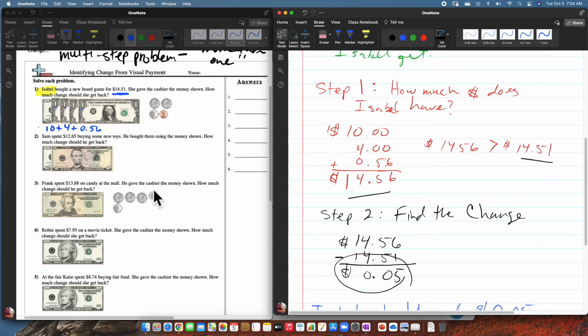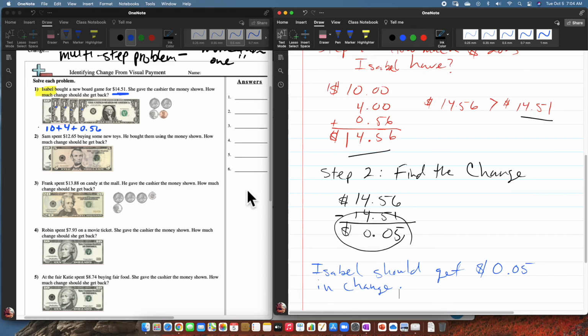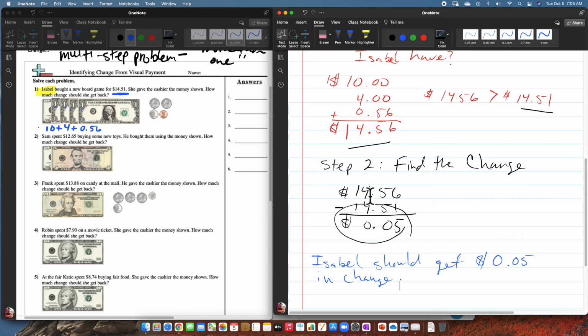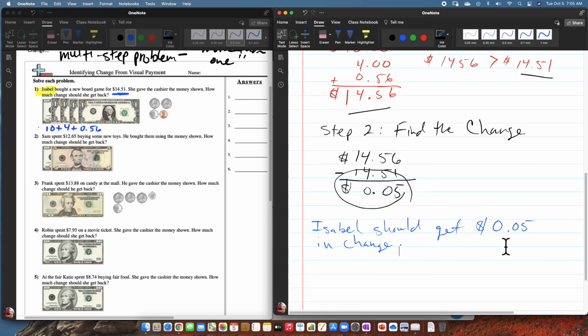Step 1, you're going to look at the visual representation of the money and find out how much money the person has. Step 2, you're going to look at how much the item costs, subtract that value from the amount of money that the person has, and that will give you the change that the person should receive.